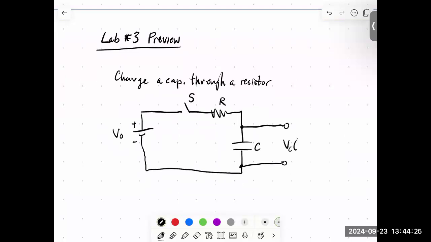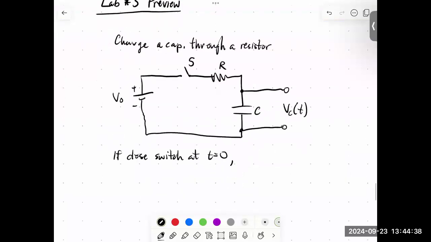Here's the capacitor voltage as a function of time. If we close the switch at t = 0, then the voltage across the capacitor we calculated to be V naught (1 minus e to the minus t over tau), where tau was equal to RC. So it's some time constant.